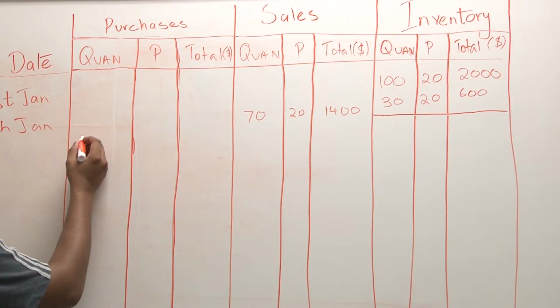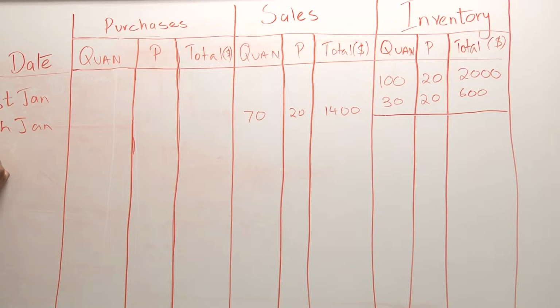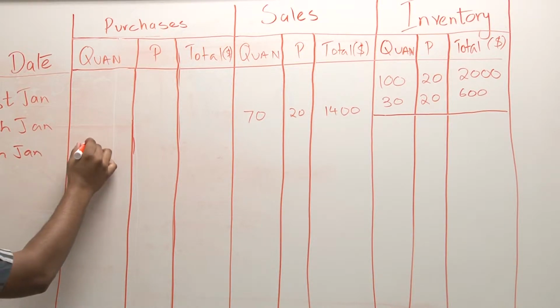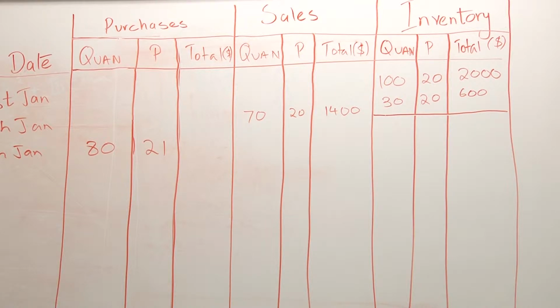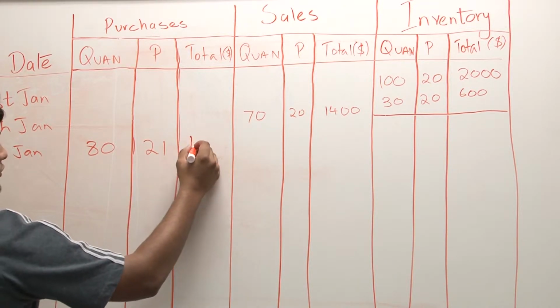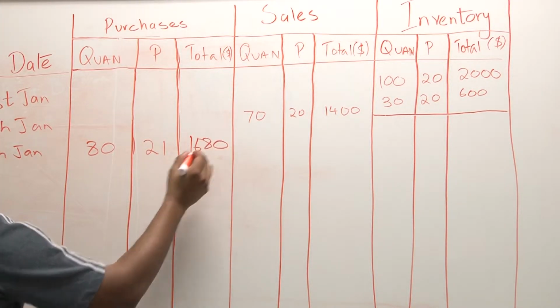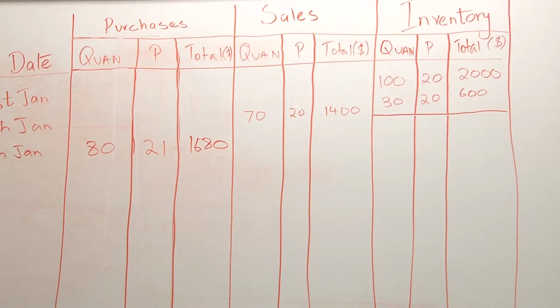So on the 10th of Jan, I bought 80 cameras, and I'm going to price that at about 21. In total, I'll be having 1,680.